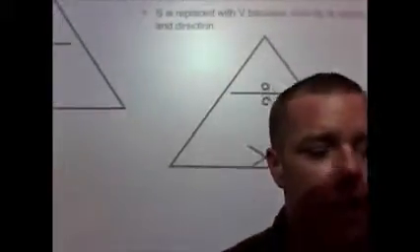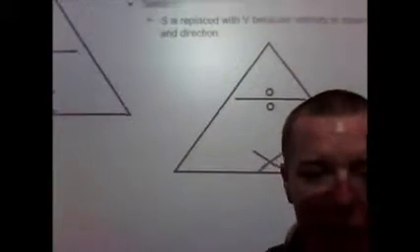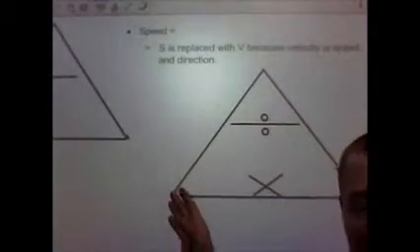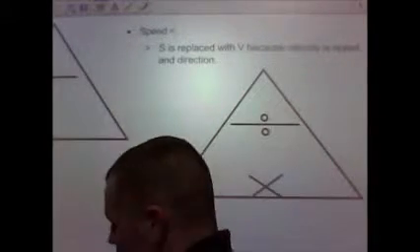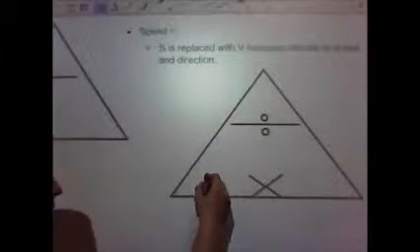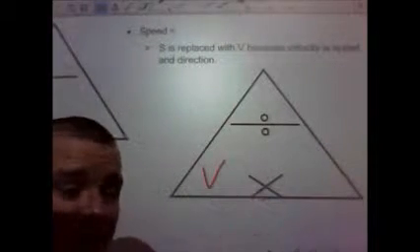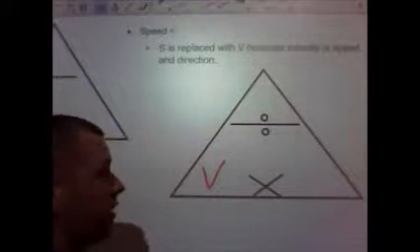We have the same triangle. We're going to replace this S with a V. But the good thing is, velocity and speed are exactly the same, but velocity includes direction.